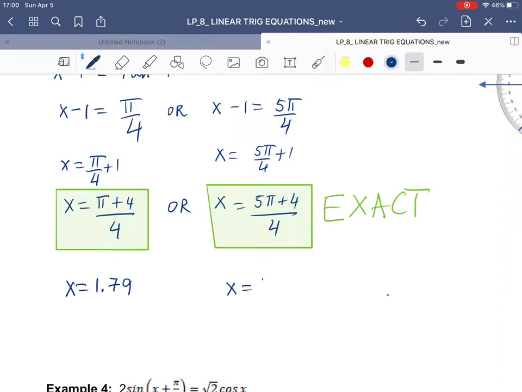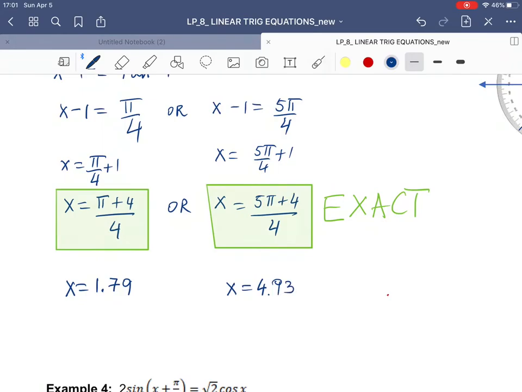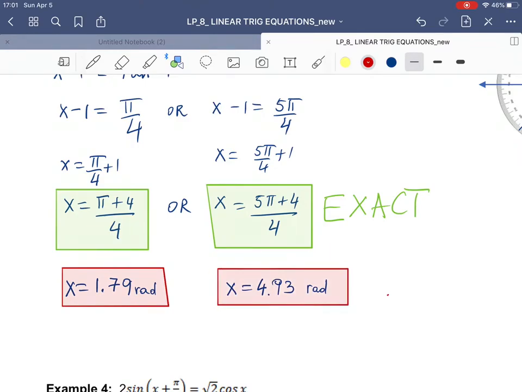So going back, we have the approximate answers now as 1.79 we said, and 4.93 radians. Okay, so these would be our approximate answers. Now, one thing to remember is that whenever we are rounding the answers, when the angle is expressed in radians, we must round to 2 decimal places.